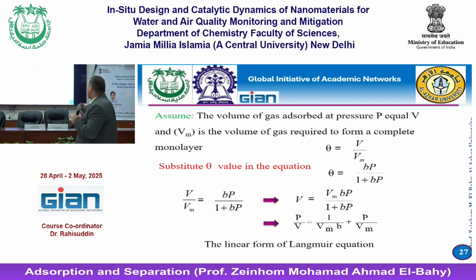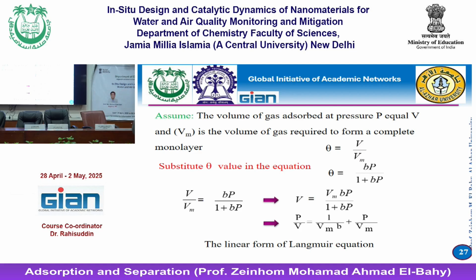So we substitute V over Vm instead of theta, and with very simple mathematics we get P over V equals 1 over Vm b plus P over Vm. This is the linear form of the Langmuir equation.